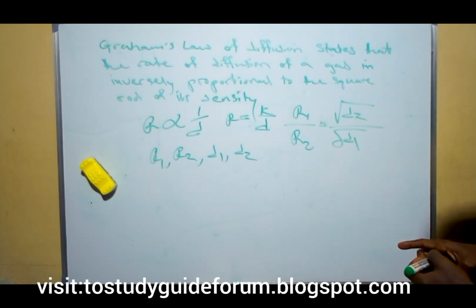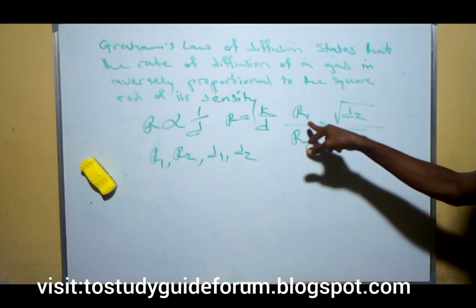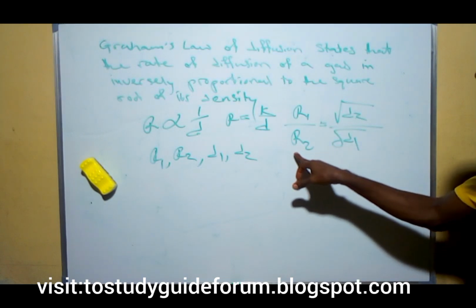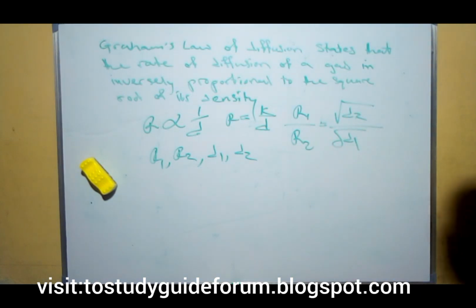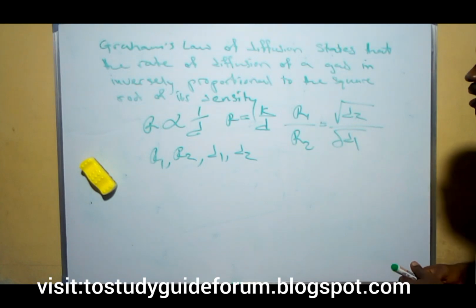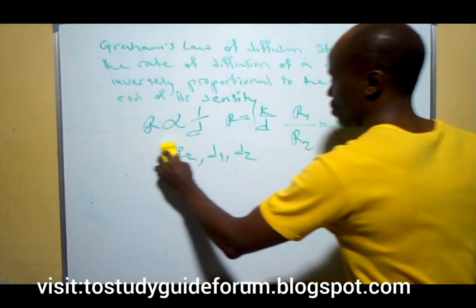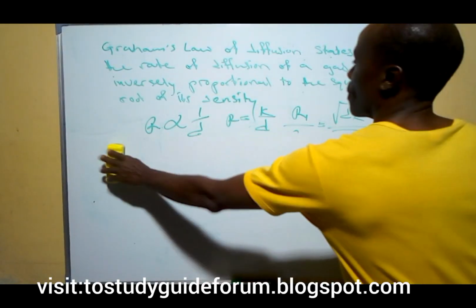Now notice very well, because they are inverse, this one is up, this one is down, this one is down, this one is up, with the square root, to establish their relationship.